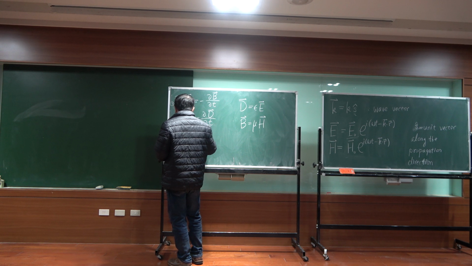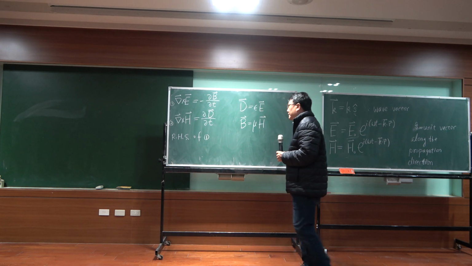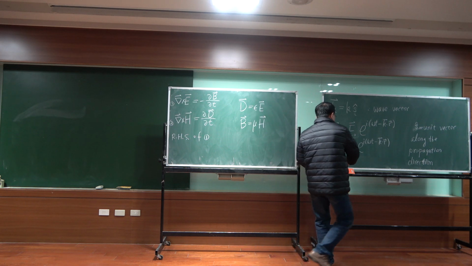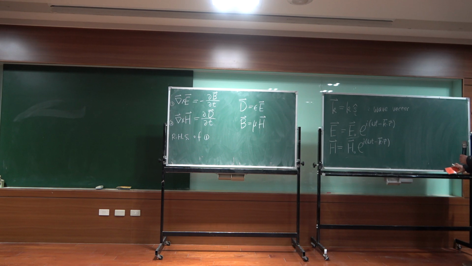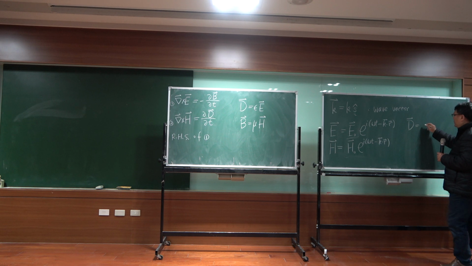If we look at the right-hand side of equation 1, we know that B can be written like this, and D can be written as this.